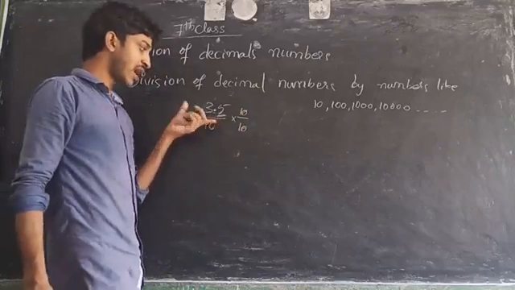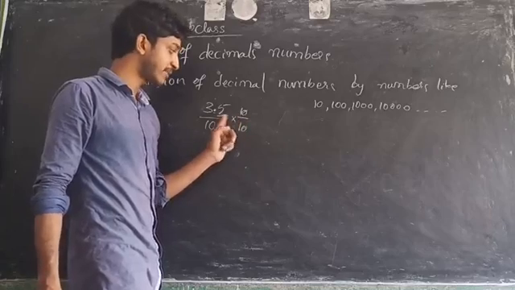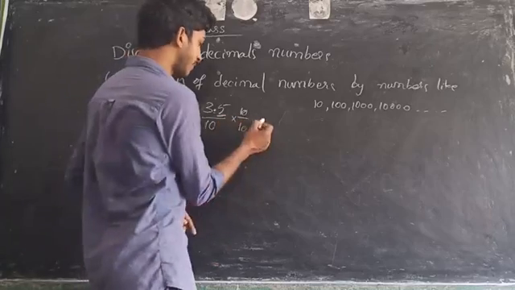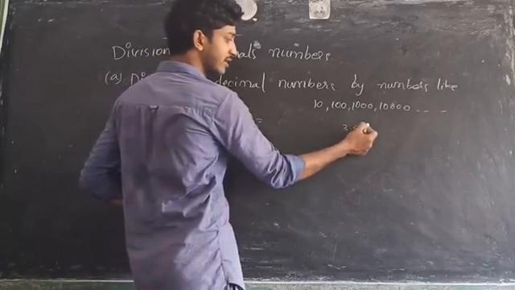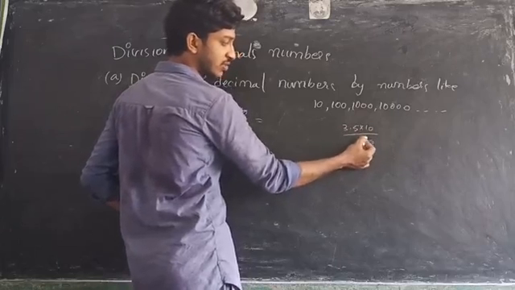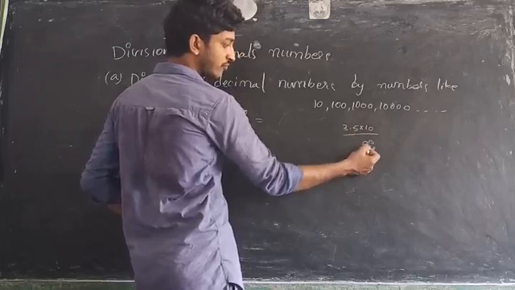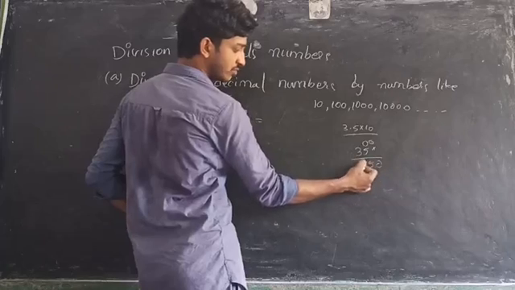So here after the decimal point we have only one digit. That's why I am multiplying this number by 10. Multiply 3.5 by 10. 0 into 5, 0; 0 into 3, 0; 1 into 5, 5; 1 into 3, 3. So 0, 5, 3.